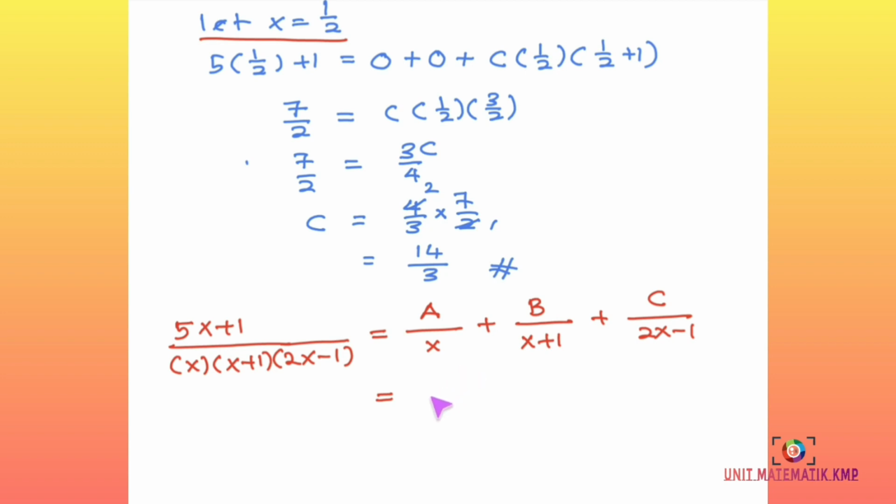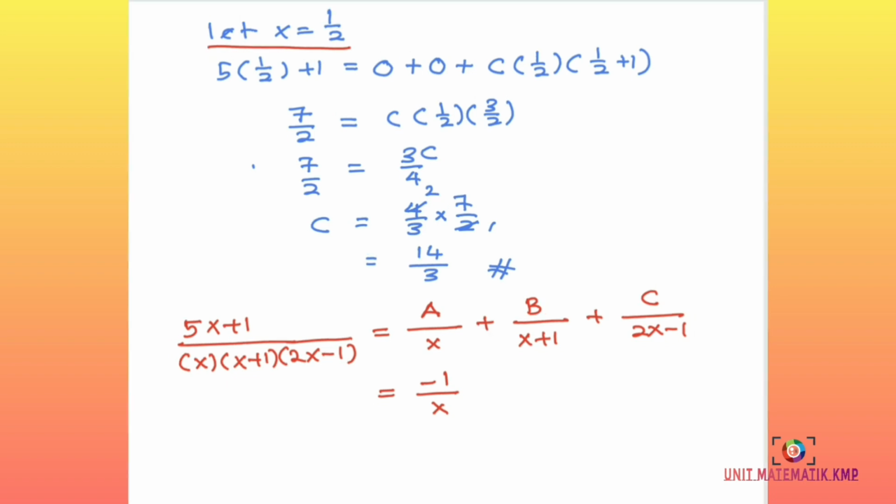The value of a is negative 1, so it will be negative 1 over x. b is negative 4 over 3, so negative 4 over 3 times (x plus 1). Please beware how we write the correct answer. And c is 14 over 3, so plus 14 over 3 times (2x minus 1). So this is our final answer.